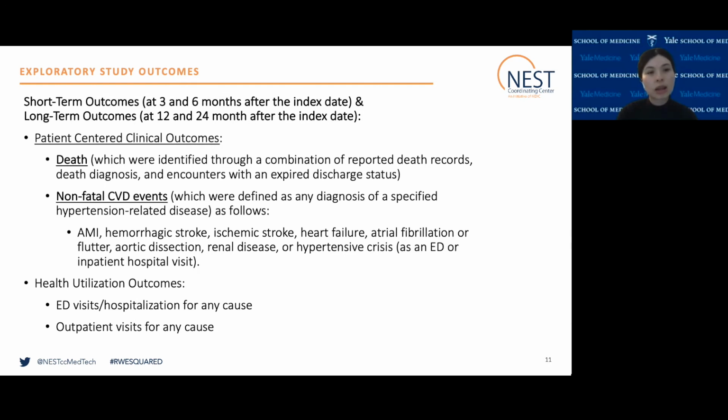We also look at non-fatal CVD events, which include acute myocardial infarction, different kinds of stroke, heart failure, atrial fibrillation, aortic dissection, renal disease, and hypertensive crisis. Finally, we assess healthcare utilization by looking at ED visits, hospital admissions for any cause, and outpatient visits for any cause.